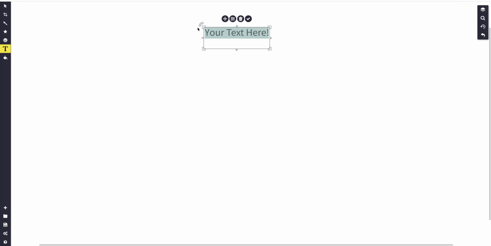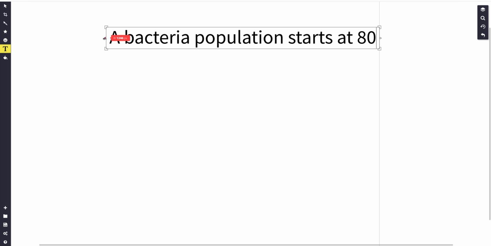Okay, all right, so the next problem is going to be a bacteria population starts at 80. Sorry if the wording is not the best here, but starts at 80.